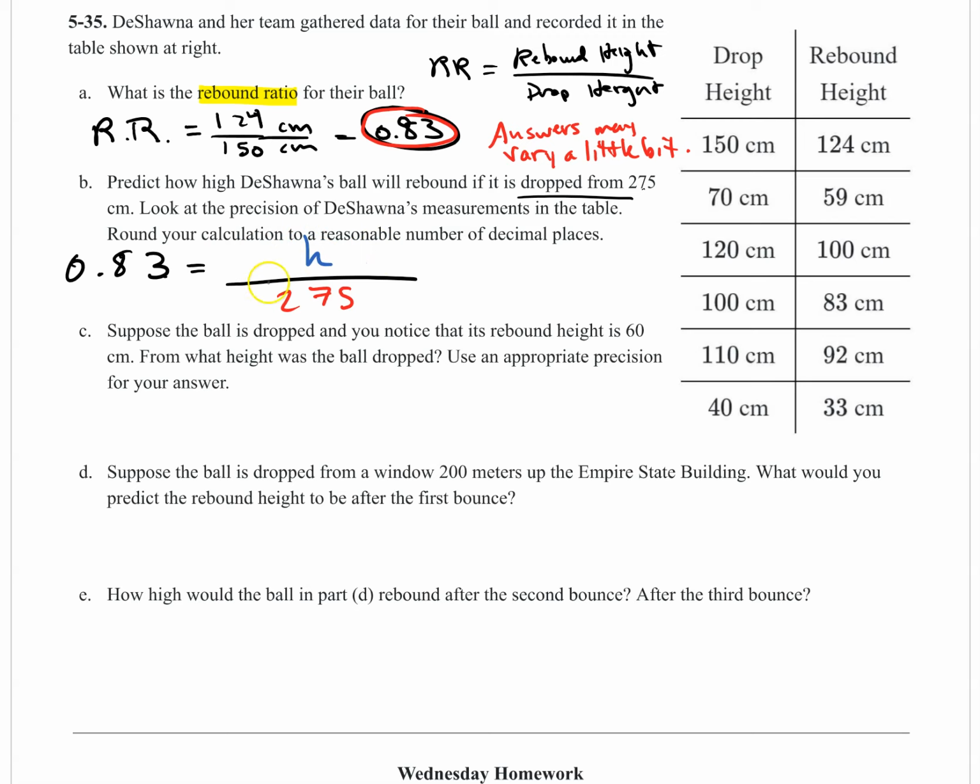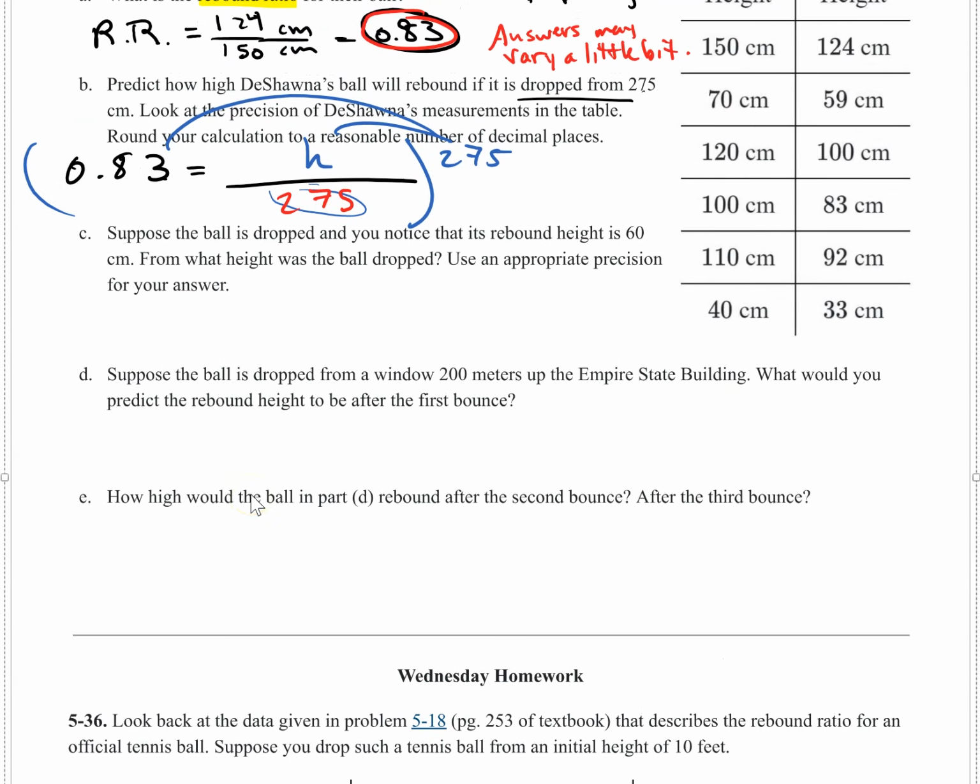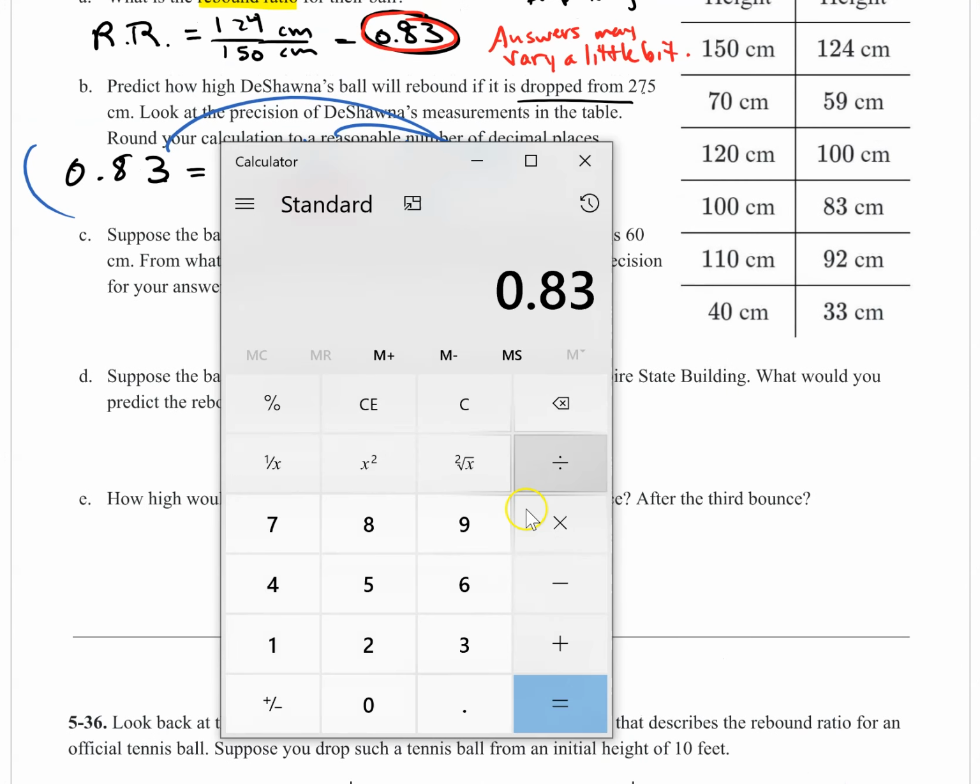So what do we do? Well, this is a fraction buster. Look at the denominator of the fraction, and we multiply both sides by that number. So we get 0.83 times 275, and that's 228.25.